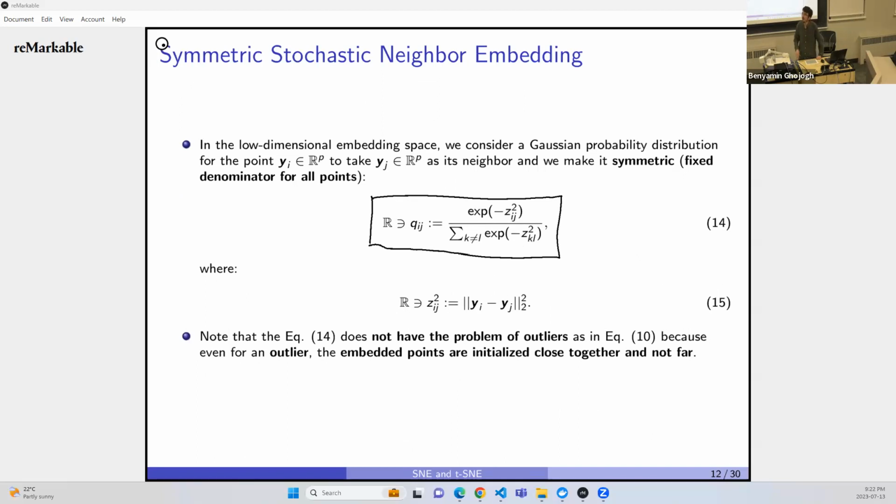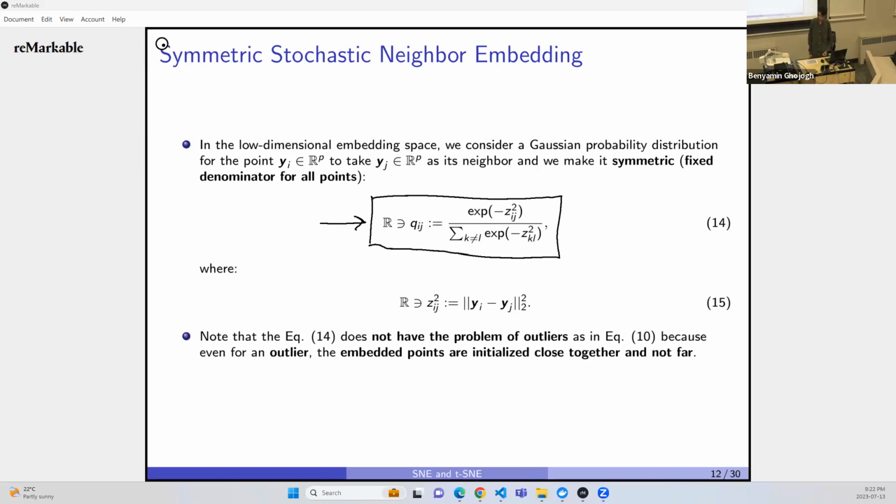We don't have the problem of outliers in the embedding space anymore. Why? Because we initialize the embedding points ourselves. We update them ourselves. There is no outlier in the embeddings. Okay, so we are allowed to use this Qij as a symmetric Qij in the embedded space.